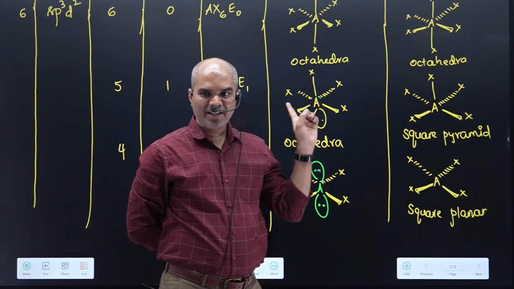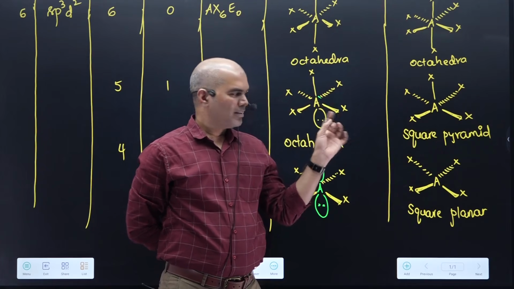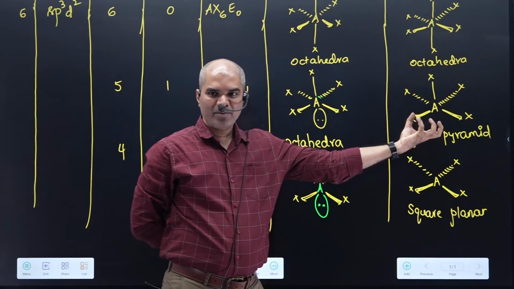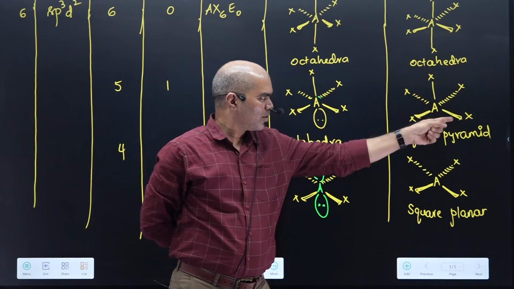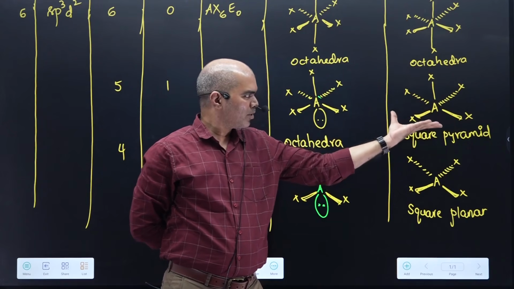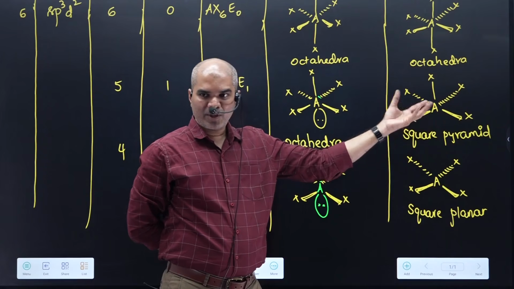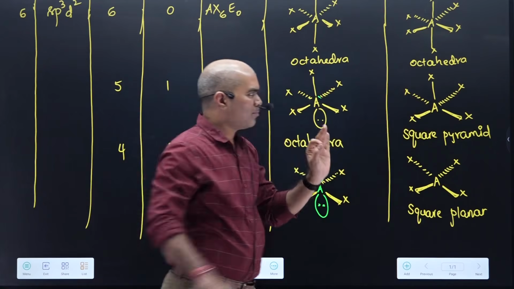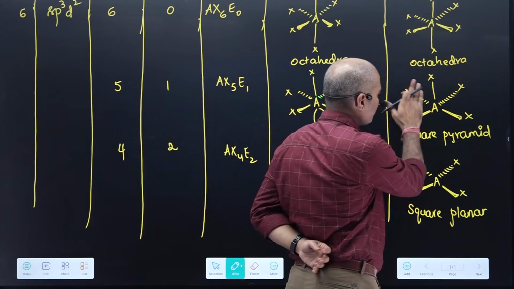But is it exactly a square pyramid? There is a lone pair, and a lone pair will occupy more space. These four bonds which you are drawing like a plane are not actually a plane. These four bonds will bend. So whatever geometry I am drawing is the normal geometry. If you want to draw the perfect geometry, how should you draw?